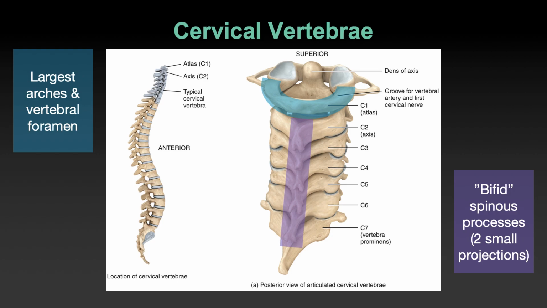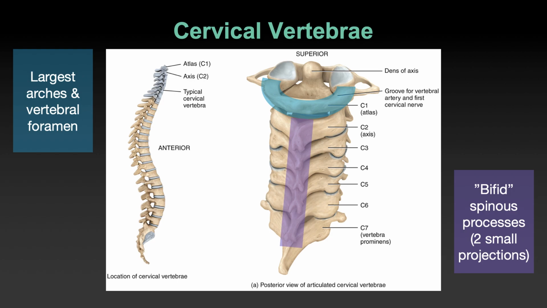There are two little bulges rather than one singular bulge as in the rest of the vertebral column. So you see a bifid spinous process, automatically cervical vertebrae. That's a dead giveaway.